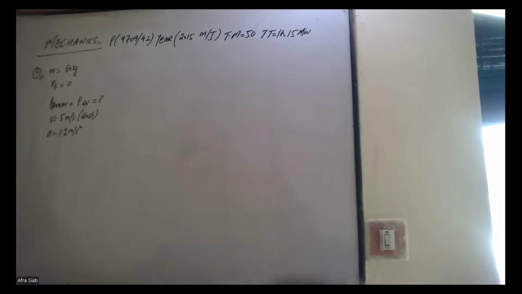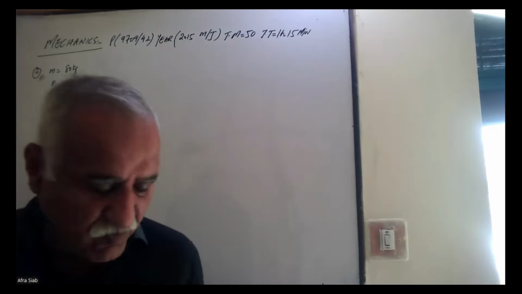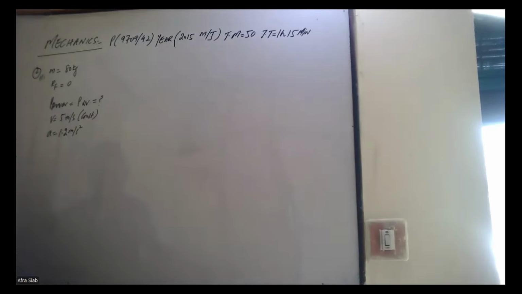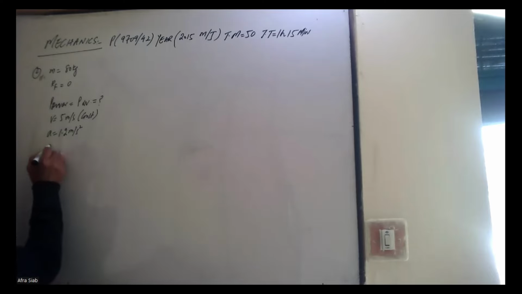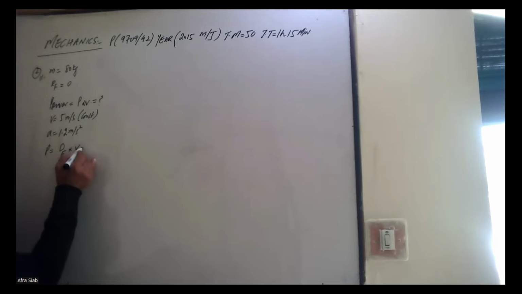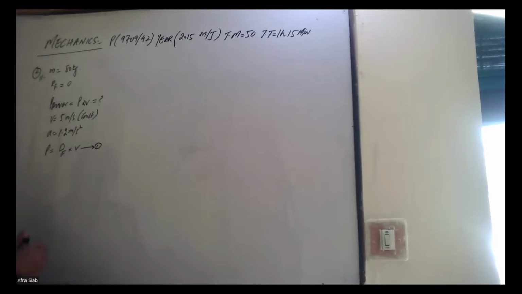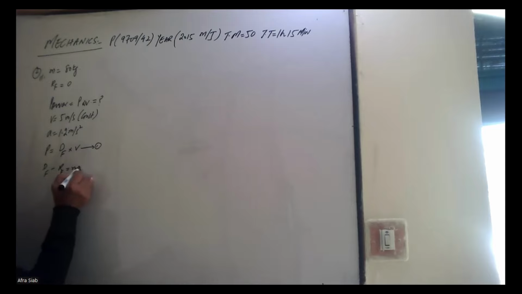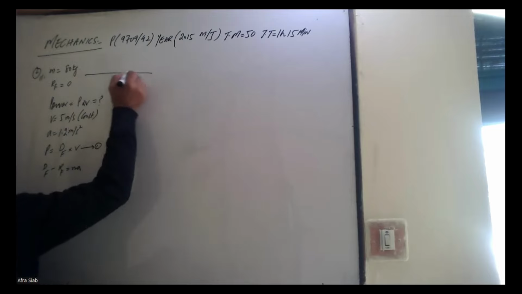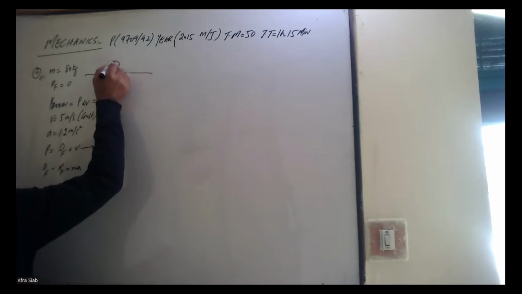So we use this power formula. We know that power is equal to driving force into velocity. But driving force minus resistive force is equal to ma, because the cyclist is going to move on this horizontal track.